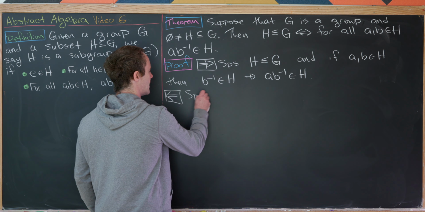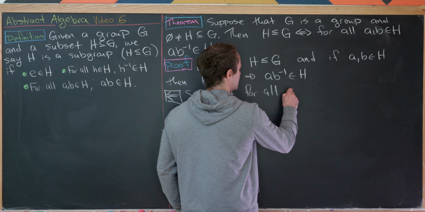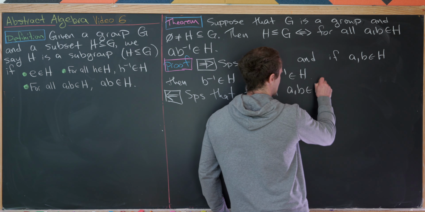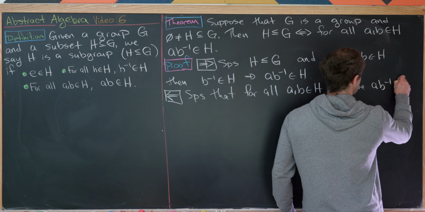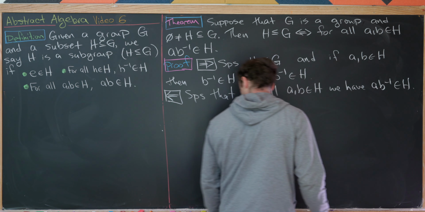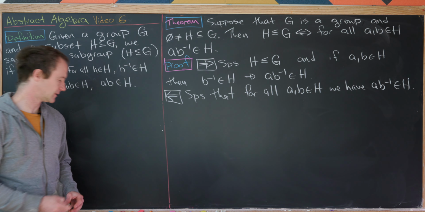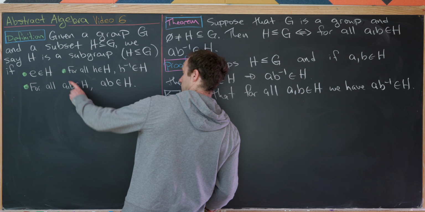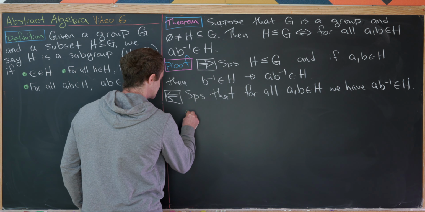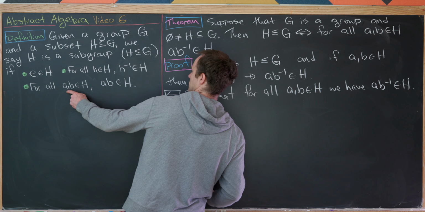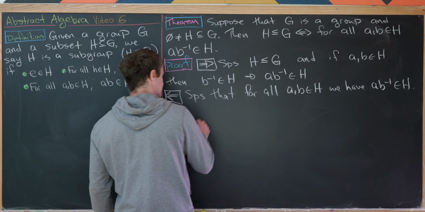So let's suppose that for all A and B in H, we have A B inverse in H. And then what we want to do is show that we have a subgroup. But to show that we have a subgroup, there are three things that we need. We need the identity, then we need inverses, and then we need this right here. So let's start with the identity.